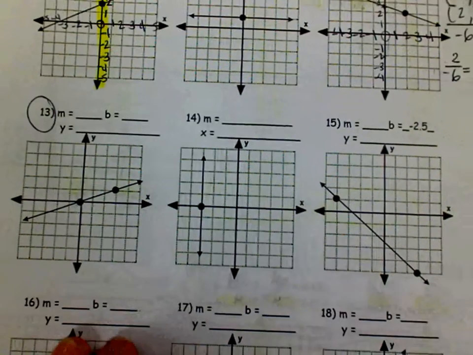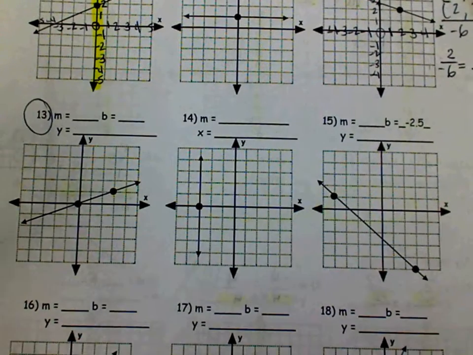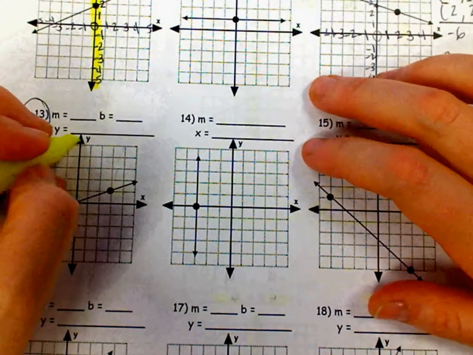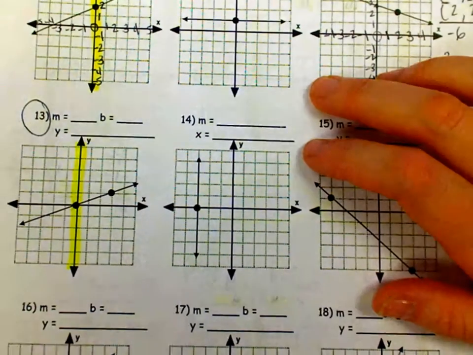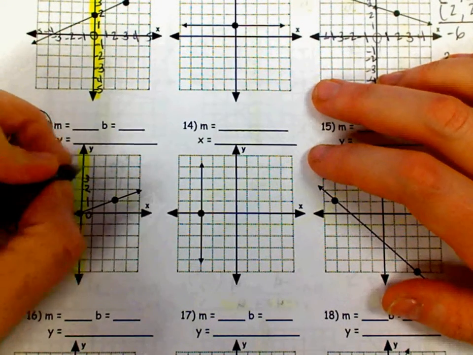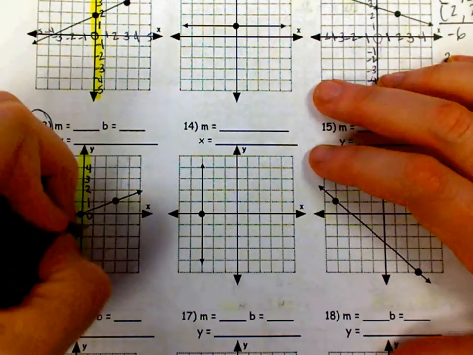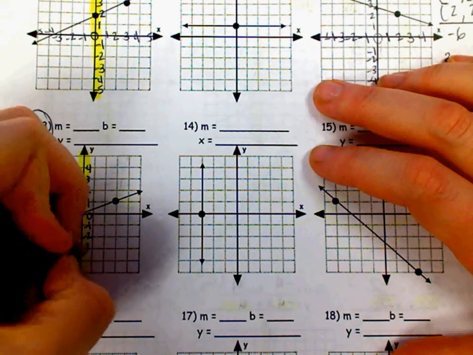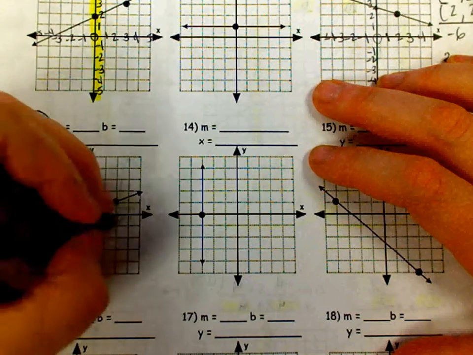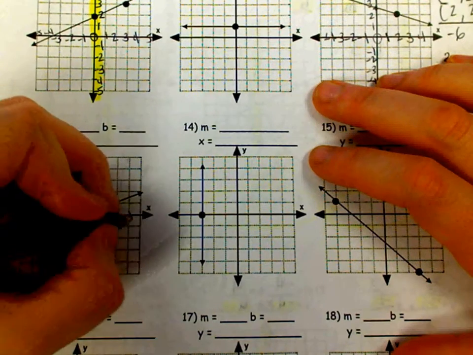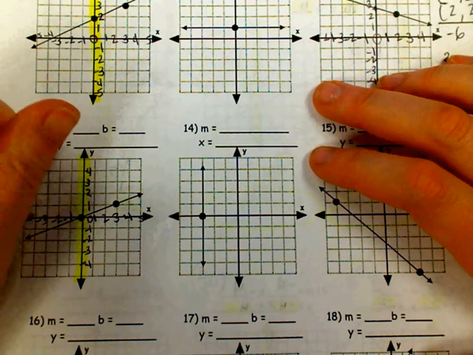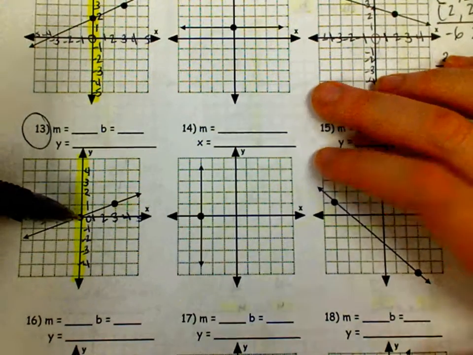Number 13. Okay, let's highlight the y-axis. Put our numbers, 0, okay, so let's find the y-intercept.